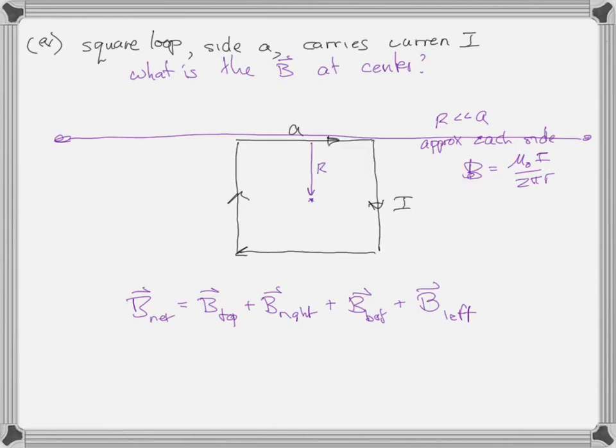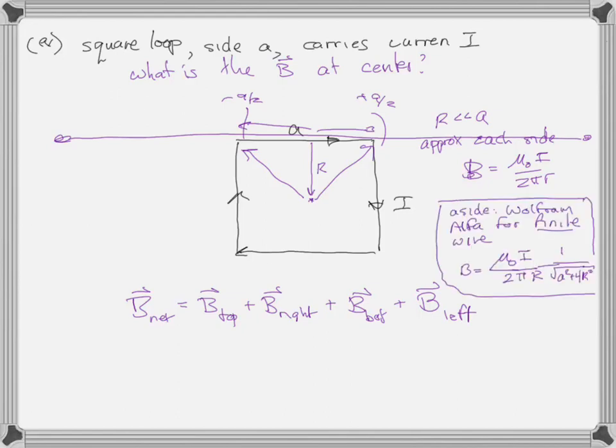In reality, all we would have to do is go back and do that integral, but along the length of the wire, from minus a over 2 to plus a over 2. So we would go back to the derivation for the long straight wire and change the limits from minus infinity to plus infinity to minus a over 2 to plus a over 2, and plug it into Wolfram Alpha. Actually, why don't I just do that?